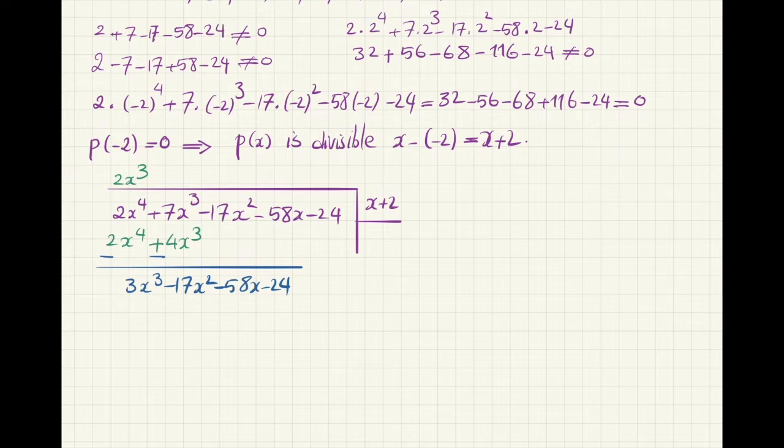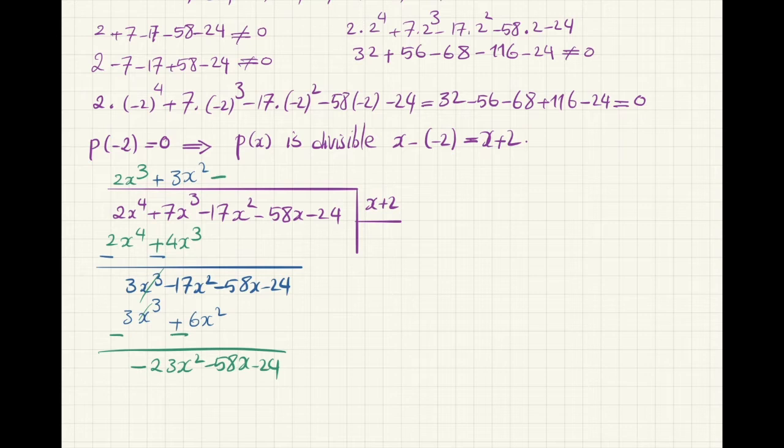Yes, so I will continue the process. So I will have plus 3x squared, then it becomes 3x cubed plus 6x squared, then I will change the signs, negative and negative, and then I add them, this is gone, and this becomes minus 23x squared minus 58x minus 24. Then I continue here. It's minus 23x.